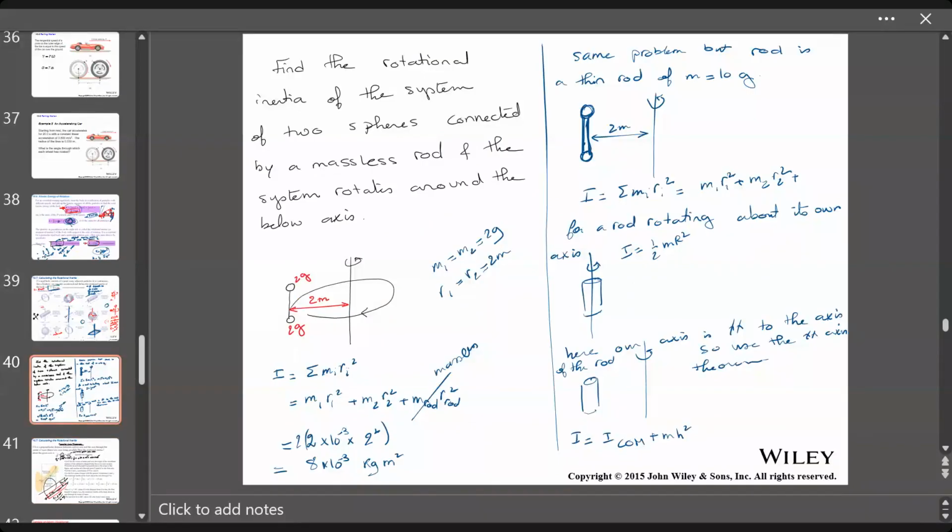Let's say our rod has a radius of 1 millimeter. So the rotational inertia around the center of mass is going to be the one for a rod rotating about its own axis, which is half mr squared, plus m times h, where h is the distance between the two axes, which is basically 2 meters plus 1 millimeter.